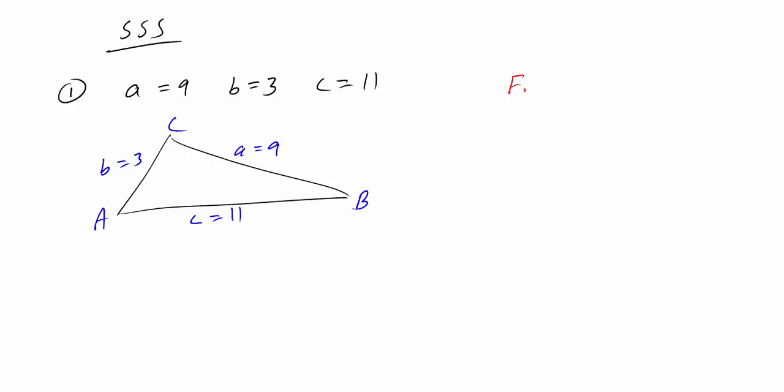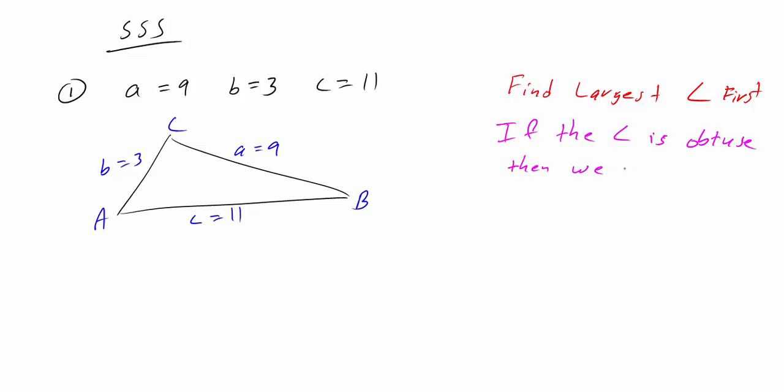If we find the largest angle first, and that angle turns out to be obtuse, then we can use the law of sines to finish solving the triangle.